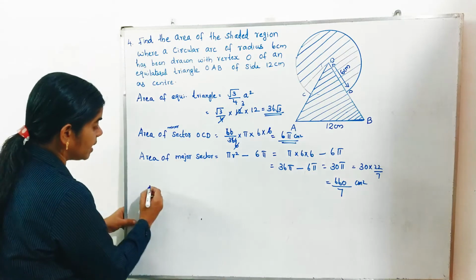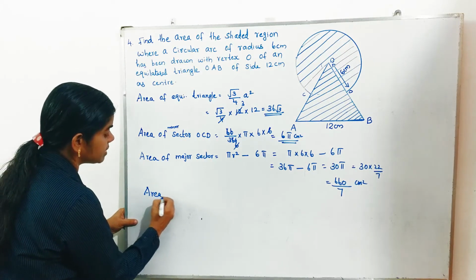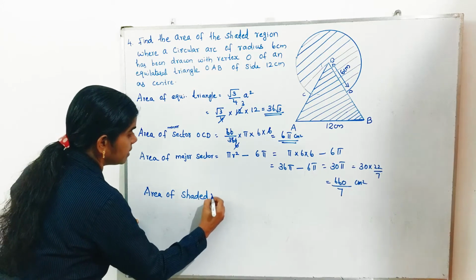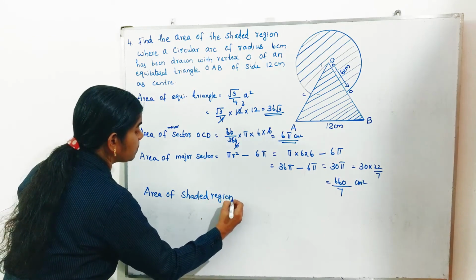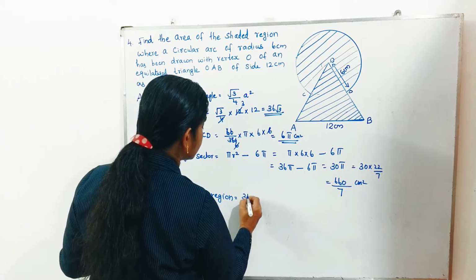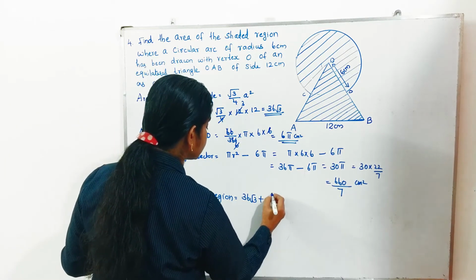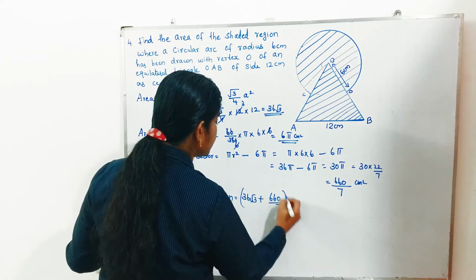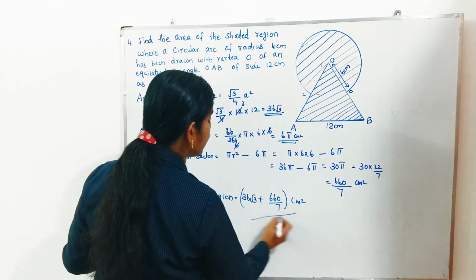Next we are writing area of shaded region is equal to area of equilateral triangle, that is 36 root 3 plus 660 divided by 7 centimeter square will be the area of the shaded part.